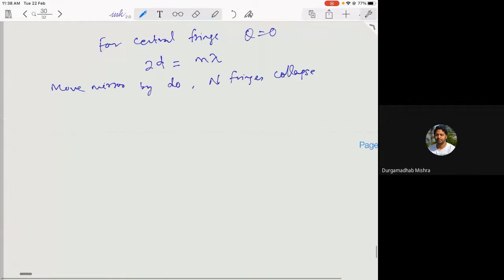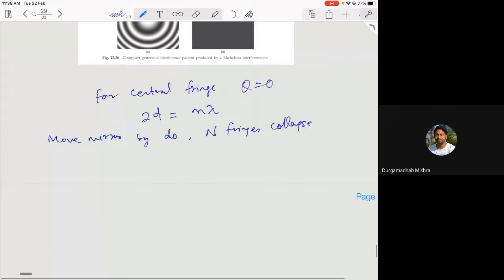Okay. So if you have a look at a central fringe, you have the condition 2d equals m lambda. Now if you move the mirror by distance d0, decreasing the distance, n fringes will collapse.